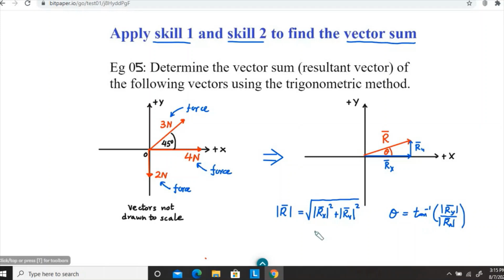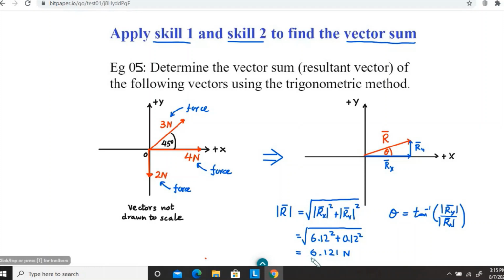So now we can substitute the values. Here I'll have 6.12 squared plus 0.12 squared, and this is going to be 6.121 newtons.